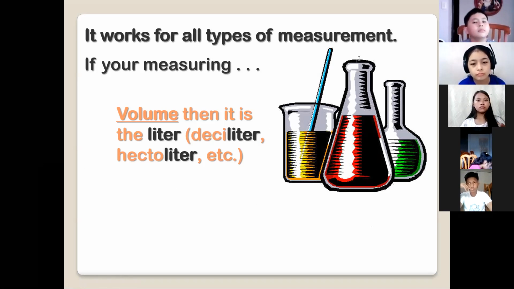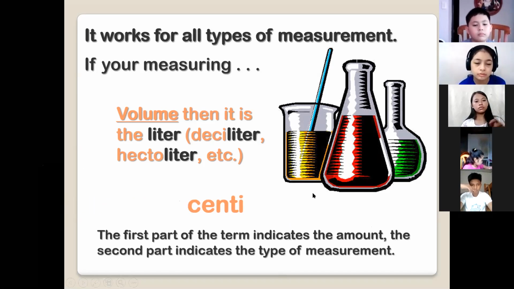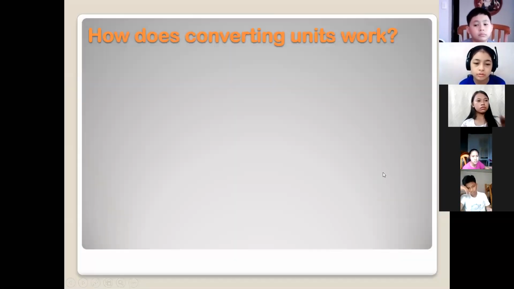Let's proceed. We have here centi, the first part, followed by gram. Then you have the word centigram, and so on and so forth, class.